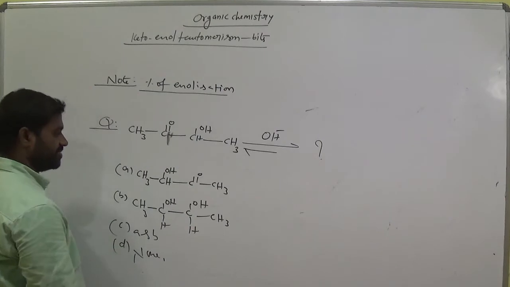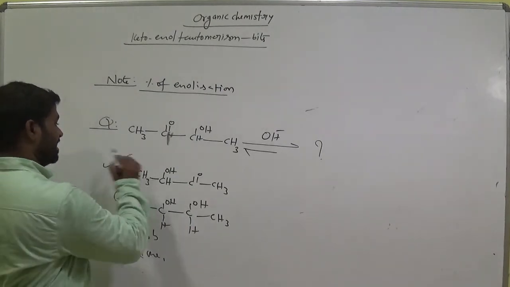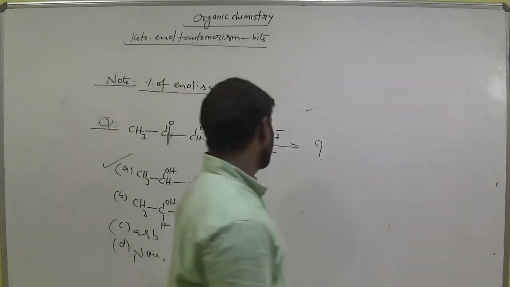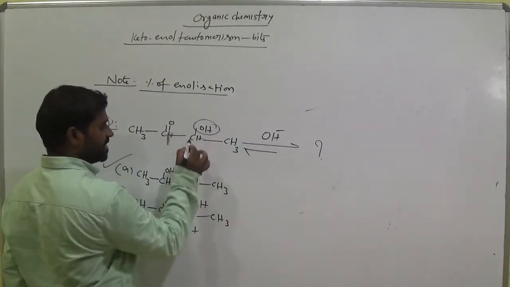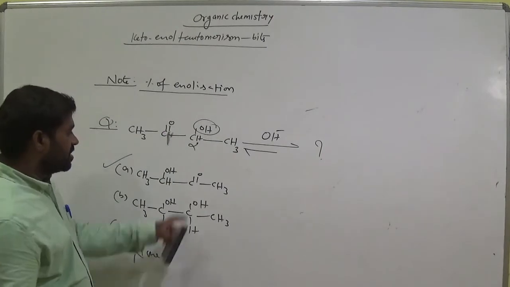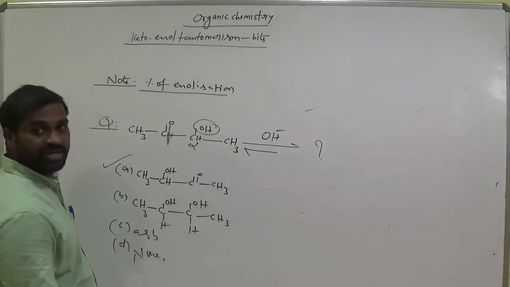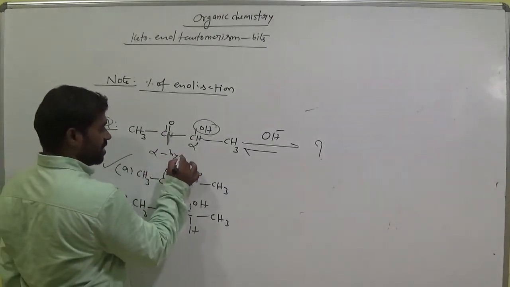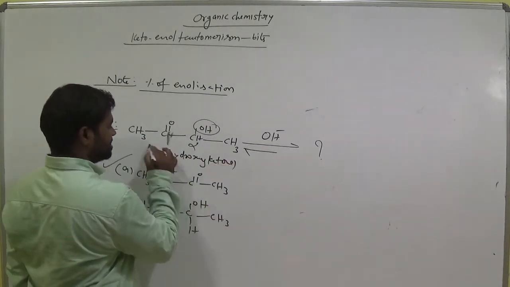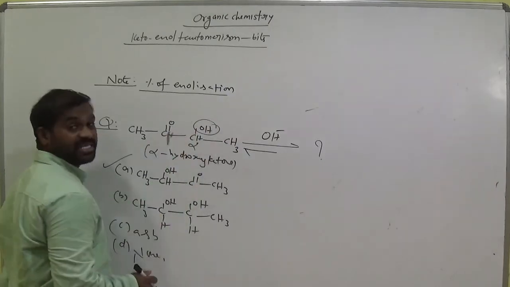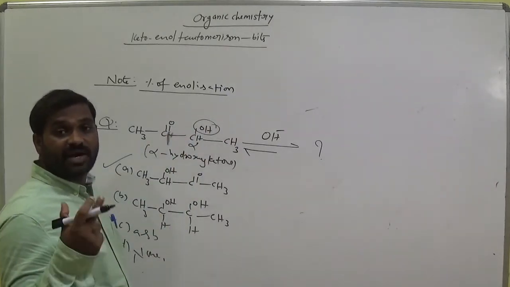Which one is correct one? So clearly I said A is the correct one. Why is A the correct one? This is keto and here OH is there at alpha hydroxy position. This is an alpha hydroxy ketone, you know. Alpha hydroxy ketone. Am I right? OH is there at the alpha position of the ketone. So what happened in the case of alpha hydroxy ketones?